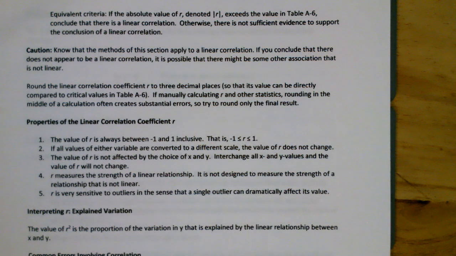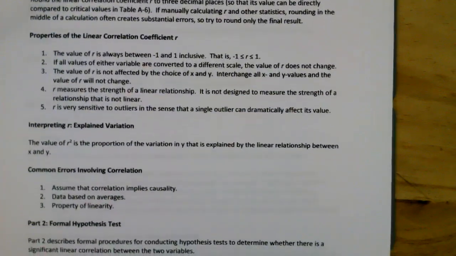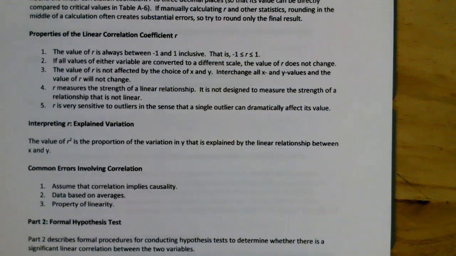Rounding in the middle often creates substantial errors. So you want to wait until the final result to round off your R values to 3 decimal places, because you want to get an accurate linear correlation coefficient R.